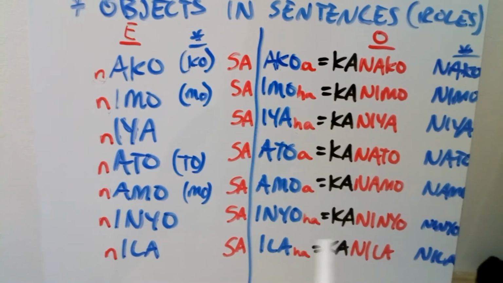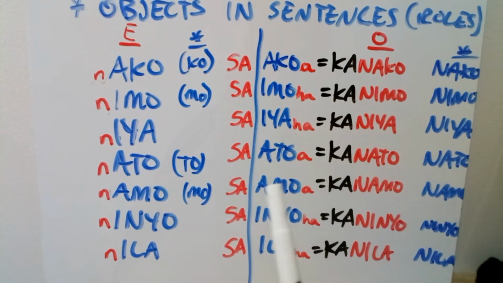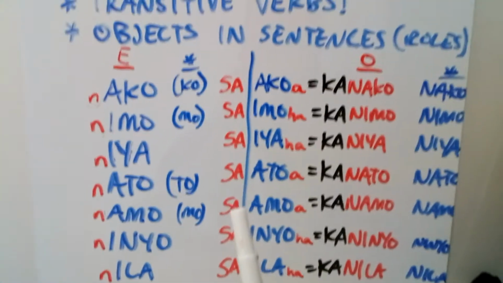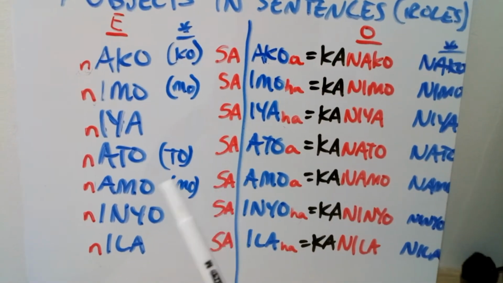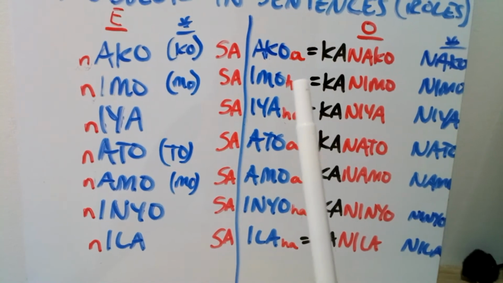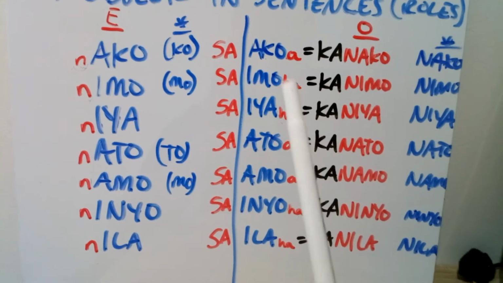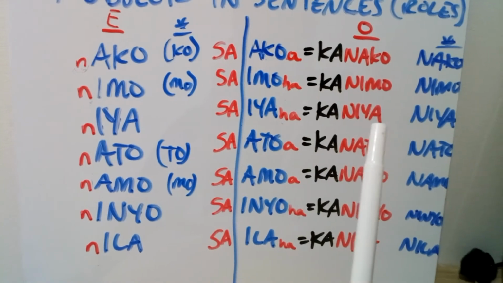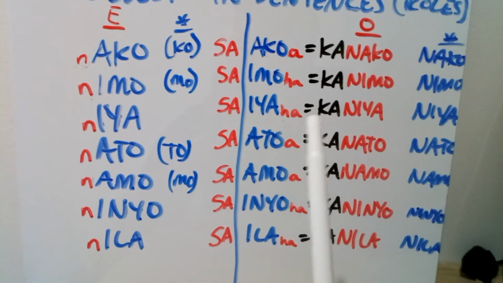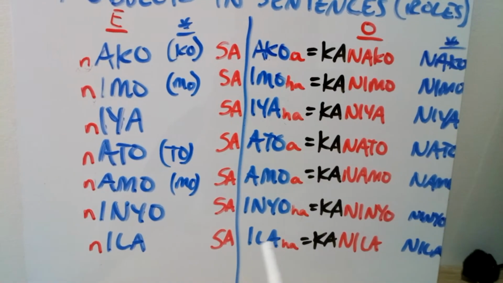Remember, the sa and the ang are both specific, right? Those particles are specifier words. And because we have a specifier, we need to have a specifier affix at the end, the ha or the a. That's what I wrote down here: sa ako a, sa imo ha, sa iya ha, sa ato a, sa amo a, sa inyo ha, sa ila ha.